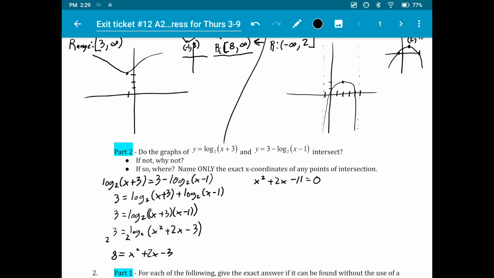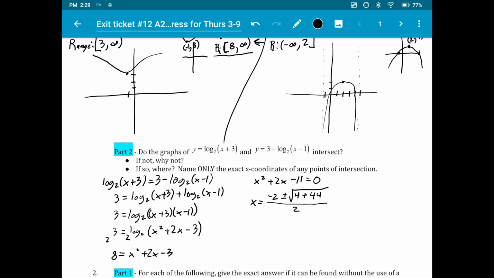And now we can use our quadratic formula to get x is equal to -2 plus or minus the square root of 4 minus 4ac, which would be plus 4 times 1 times 11, so plus 44, all over 2a, which would be divided by 2.